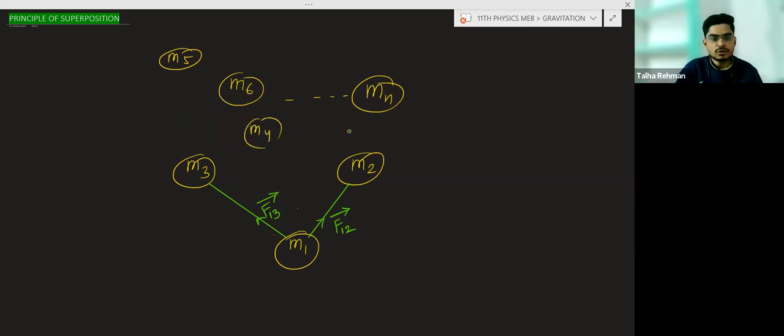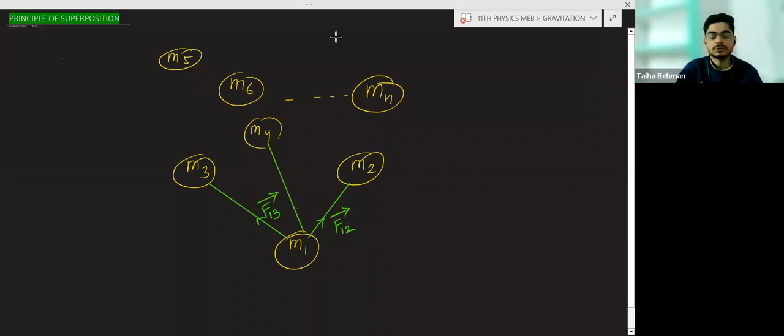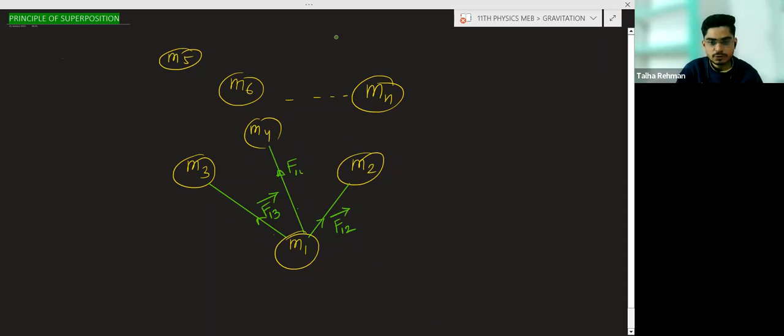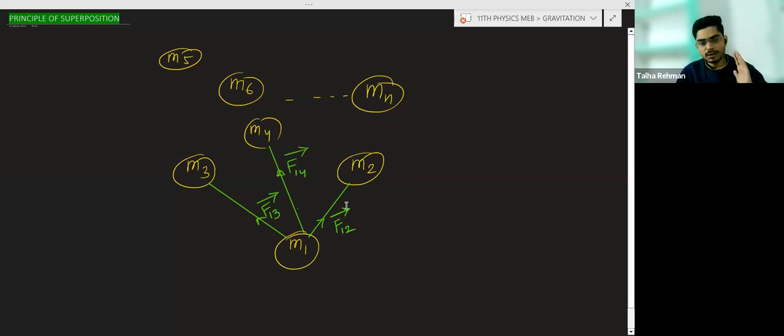Now force on mass m1 due to mass m4 is like this, and so on. There will be the force on mass m1 due to mass m5 also, and due to m6, and a number of other masses.